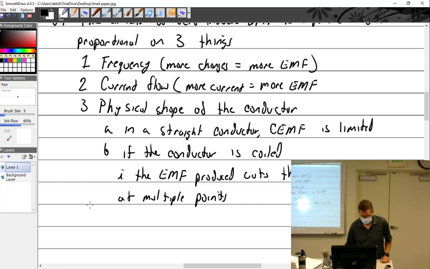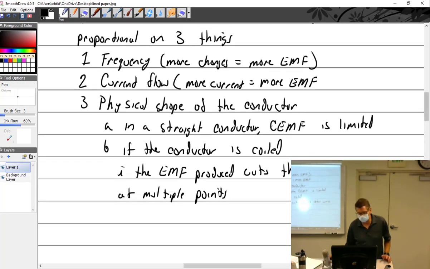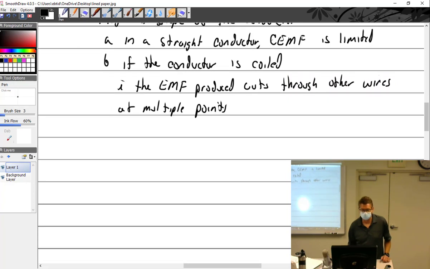This significantly increases EMF. What do you mean by cuts through other wires? So when we had the drawing yesterday of the generator and the armature was going through those lines of flux, it's cutting through is what we say.